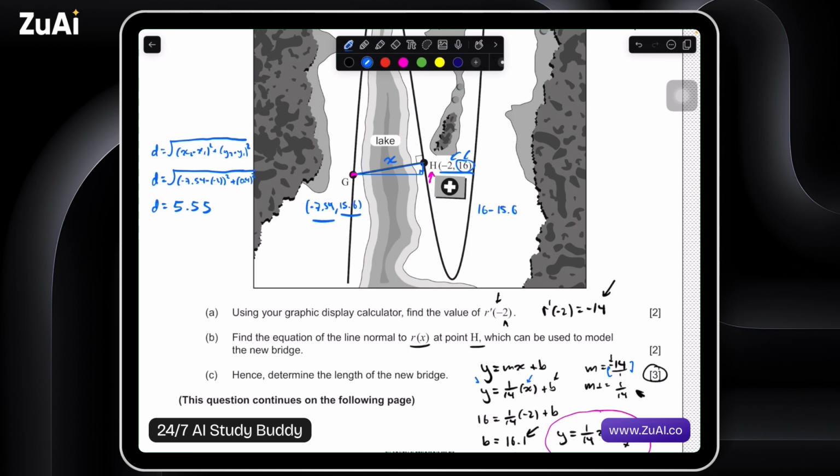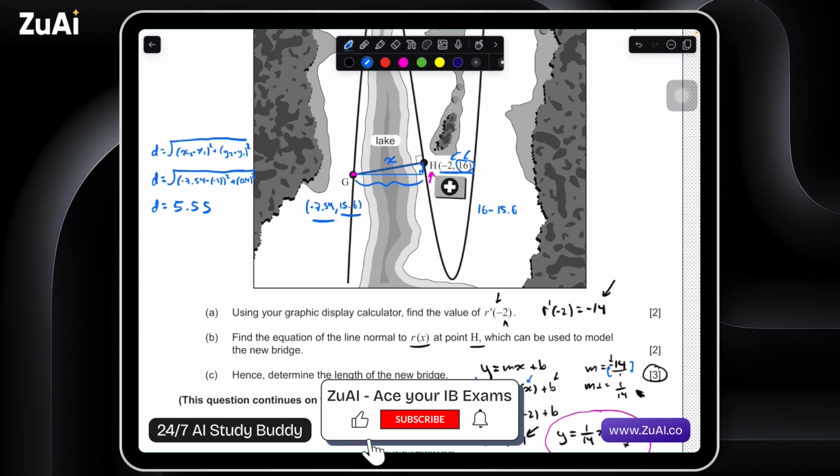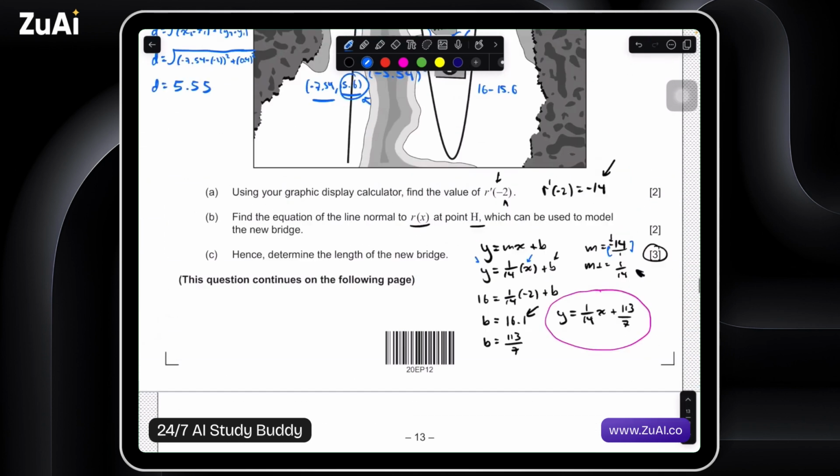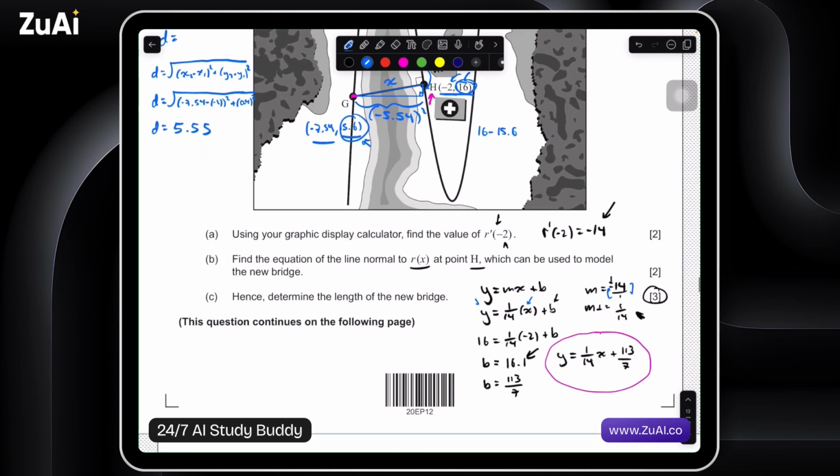If we start at negative 7.54 and go up to negative 2, we've traveled negative 5.54. Similarly, if we're at 15.6 and we travel up to 16, these being both y values, that means this value is only equal to 0.4. So 0.4 squared, negative 5.54 squared, and then you can use your Pythagorean theorem. Add those together and take the square root. And so the final distance in the end is 5.55 kilometers.